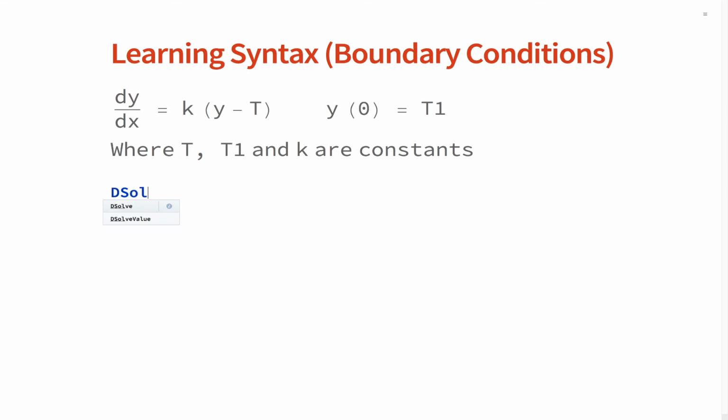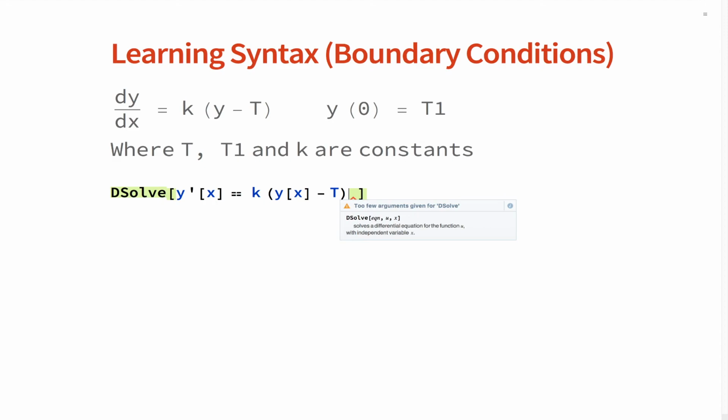So function name DSolve. dy by dx is translated as y dash of x double equal to, then there's a constant k, bracket, y always written as y of x, minus capital T, it is a constant, bracket close. And then you need to give the other parameters like y of x and the variable x.